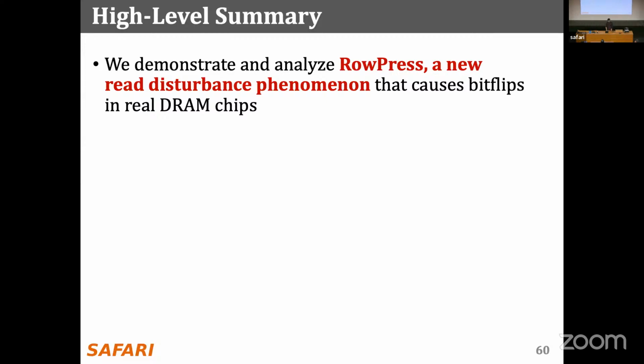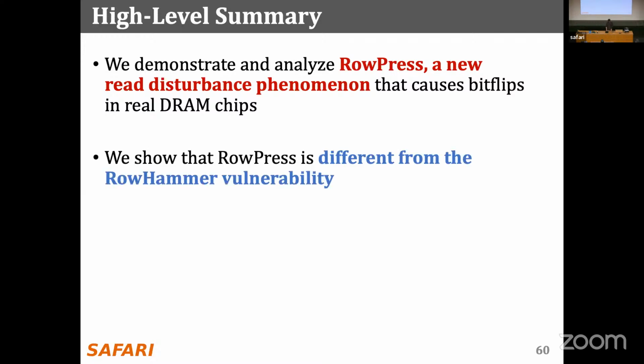In this work, we demonstrate and analyze RowPress. It's another read disturbance phenomenon that causes bitflips in real DRAM chips, and it is different from RowHammer.